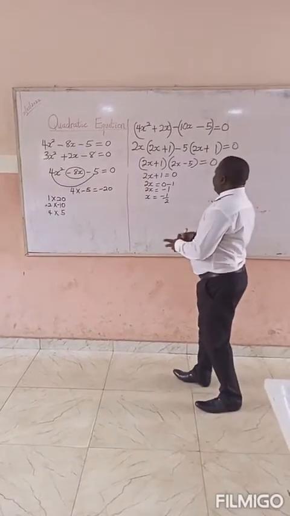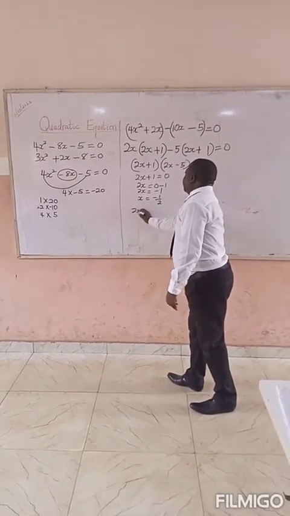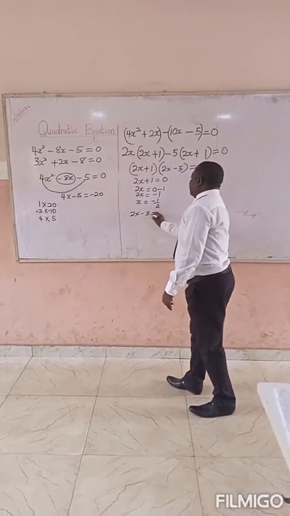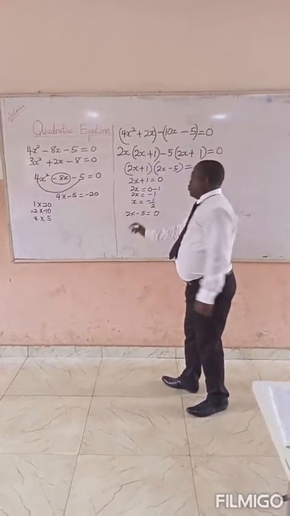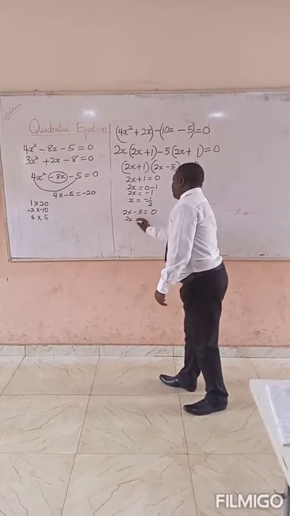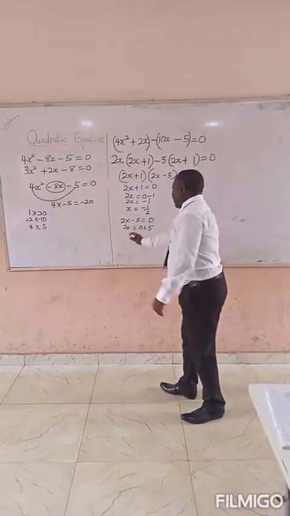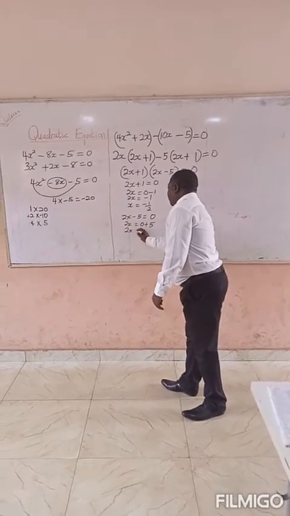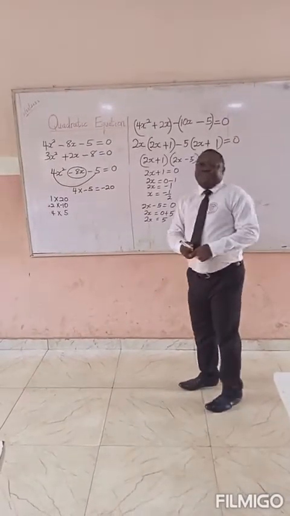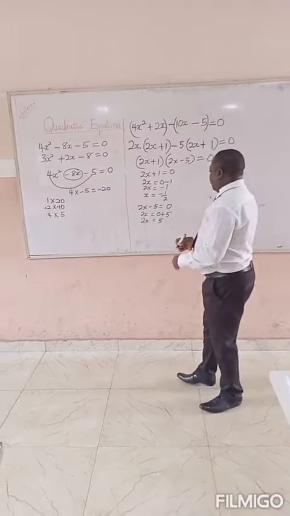Also, if 2x minus 5 is equal to 0, 2x will be equal to 0 plus 5. So 2x is equal to 5. Divide both sides by 2.